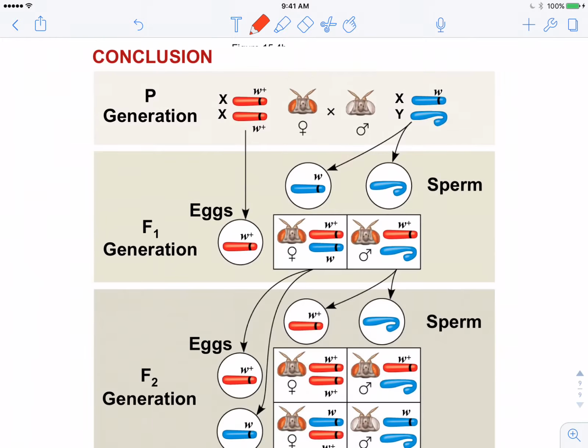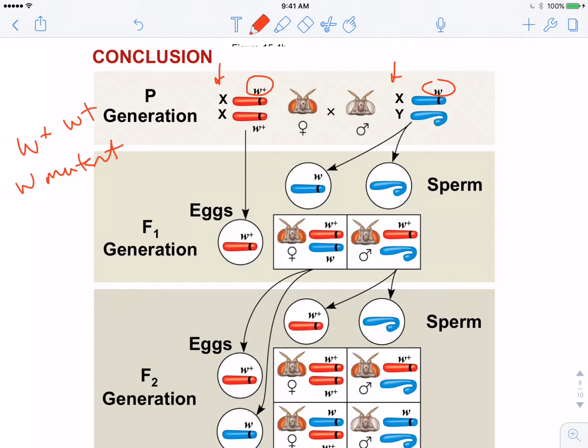If you look at the chromosomes themselves, on the X chromosome, females are XX and males are XY. The plus gene symbol means wild type, and without the plus is the mutant.